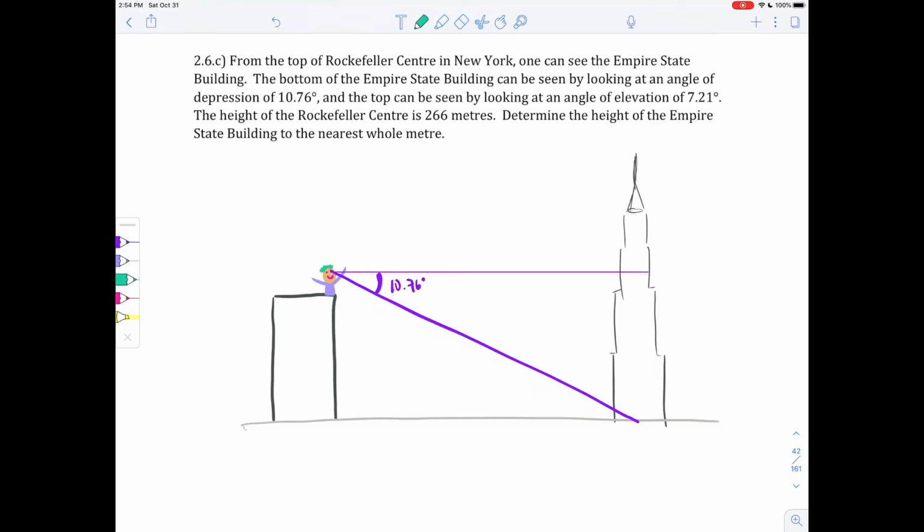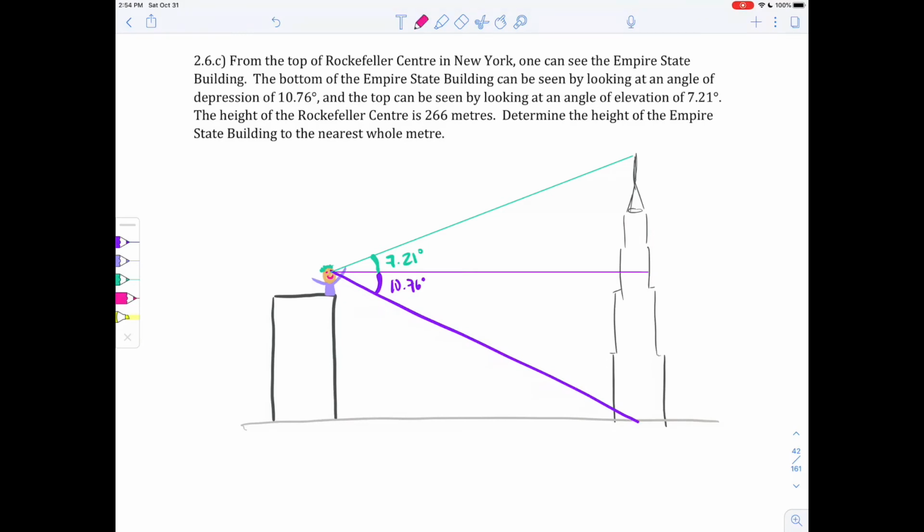And then we can see the top of the Empire State Building by looking at an angle of elevation of 7.21 degrees. So now from my eyeballs to the top, that angle of elevation is 7.21 degrees.